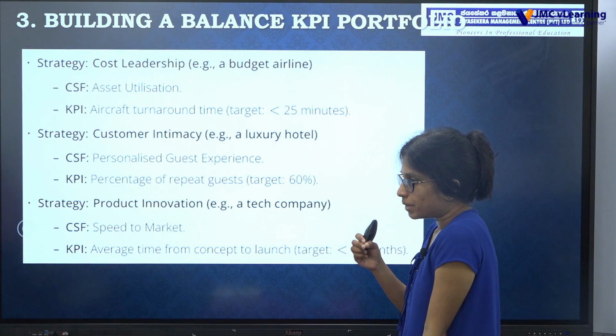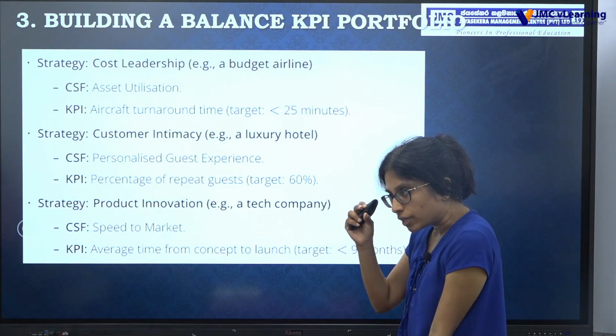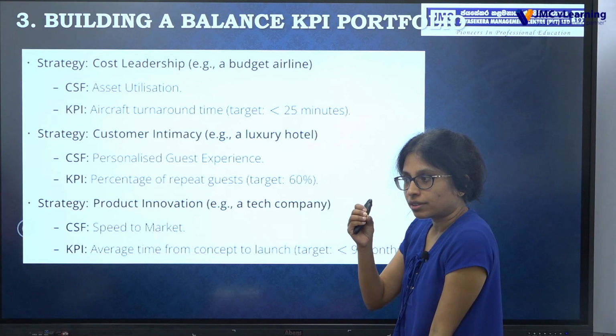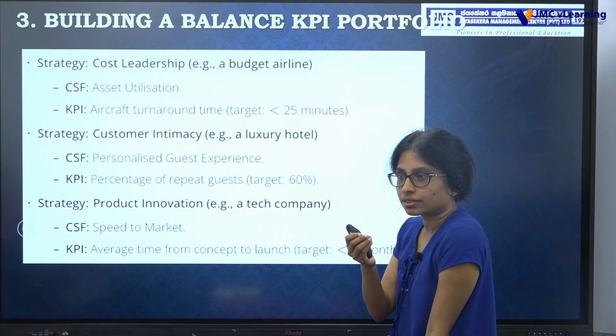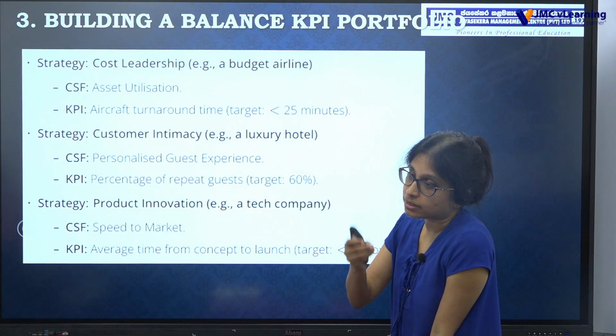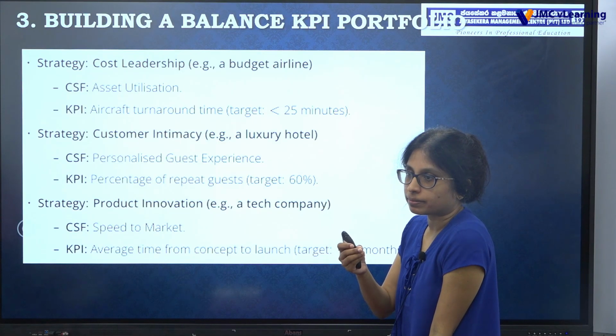That has to be their main strategy. So along that line, asset utilization is a very important critical success factor, because they don't have many assets. Those are budget airlines, no? So they have to get the maximum from the assets. That is the critical success factor.